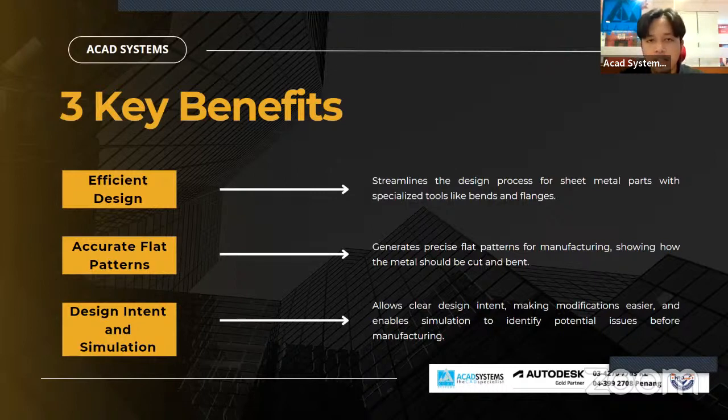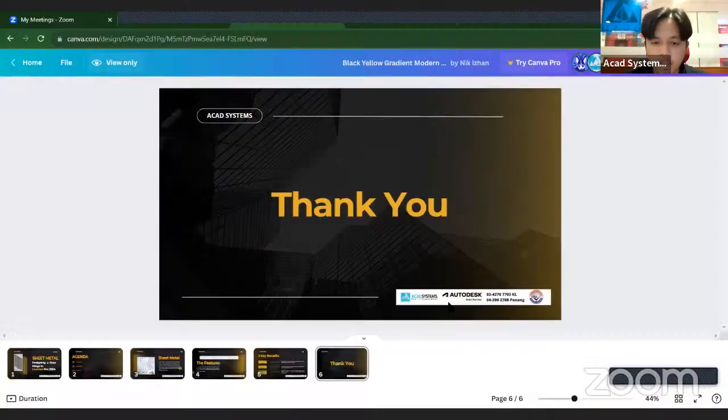And finally, design intent and simulation: it allows clear design intent, making modifications easier, and enables simulation to identify potential issues before manufacturing. Okay, so that's all for the introduction.